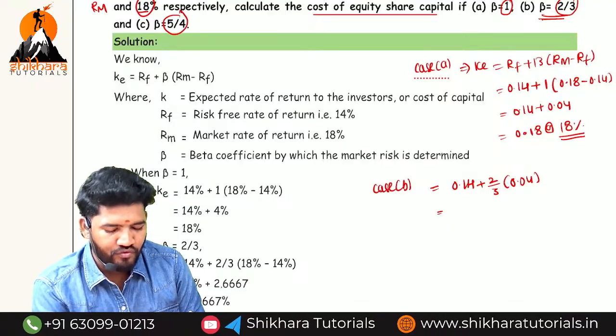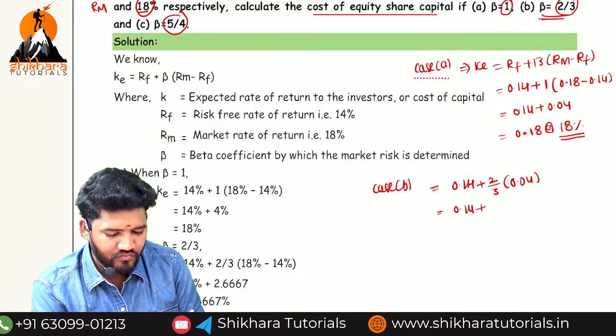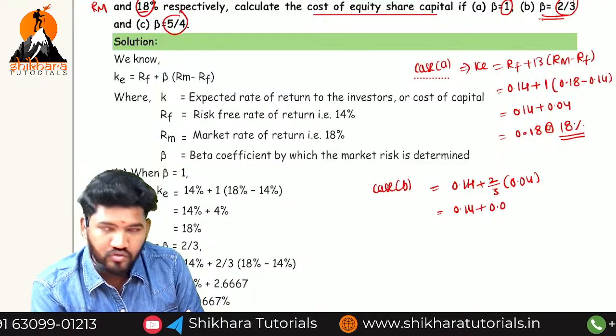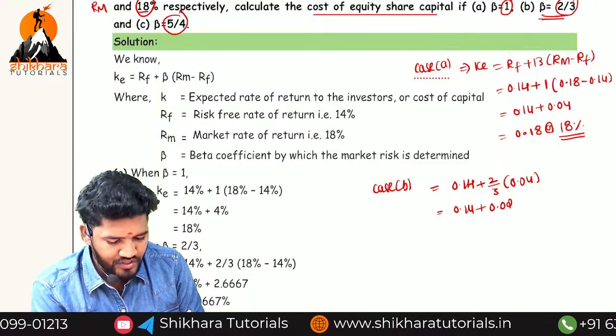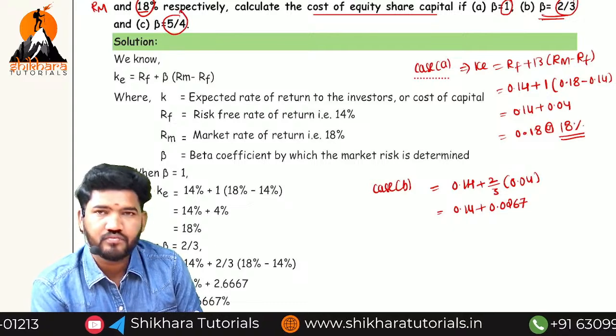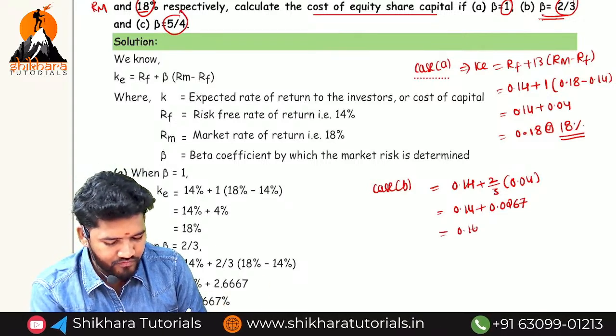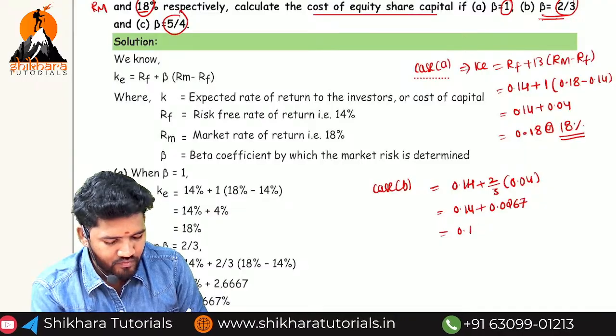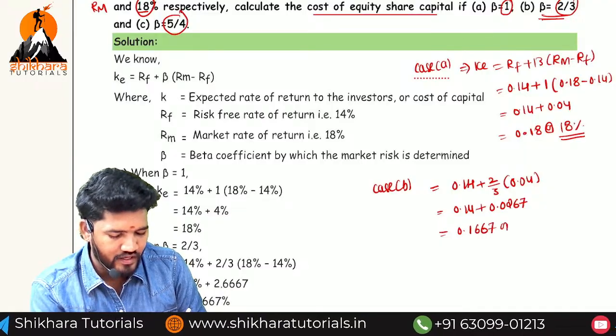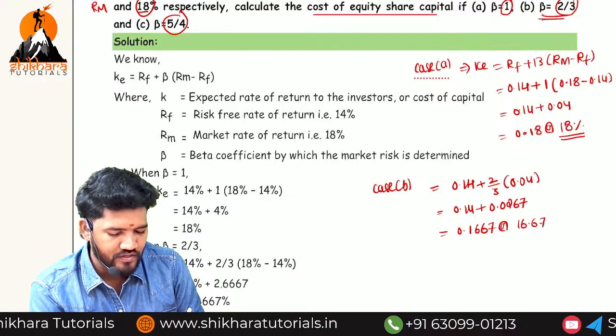2/3 into 0.04 is 0.0267. Now the answer is 0.14 plus that, 0.1667, or 16.67%.